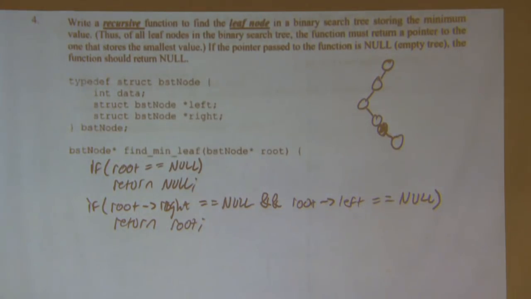So basically we're going to have one recursive call where we move left and the other where we move right. Right. And so in what case do I want to move left? Yeah, whenever there is a node that I can move to on the left, I want to go there because that's where the smallest nodes will be, right?